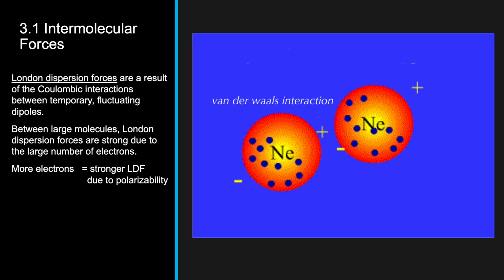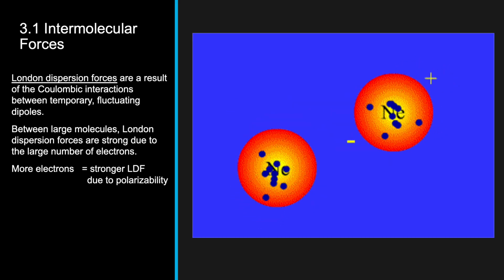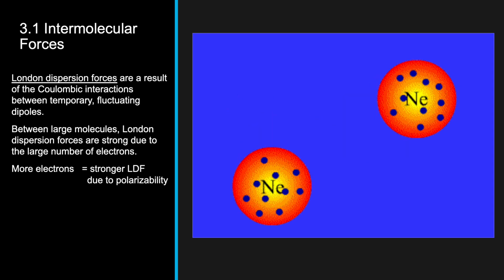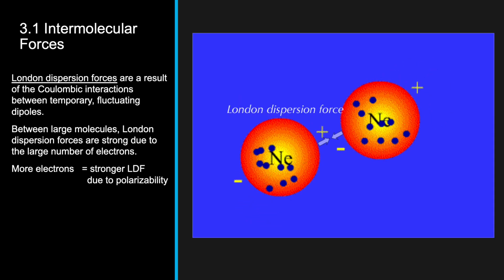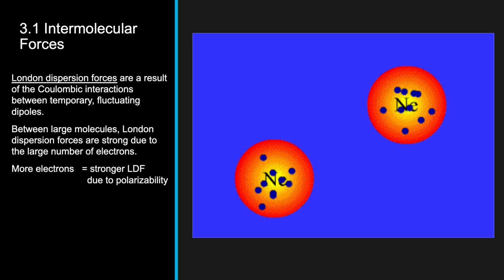What London dispersion forces are essentially is all of these electrons in neon's electron cloud moving to one side of the atom and creating a negative side, while the other side assumes a positive side. Because they have a negative and positive side, all of the atoms surrounding are going to attract the positive end to the negative end. That would be a London dispersion force.